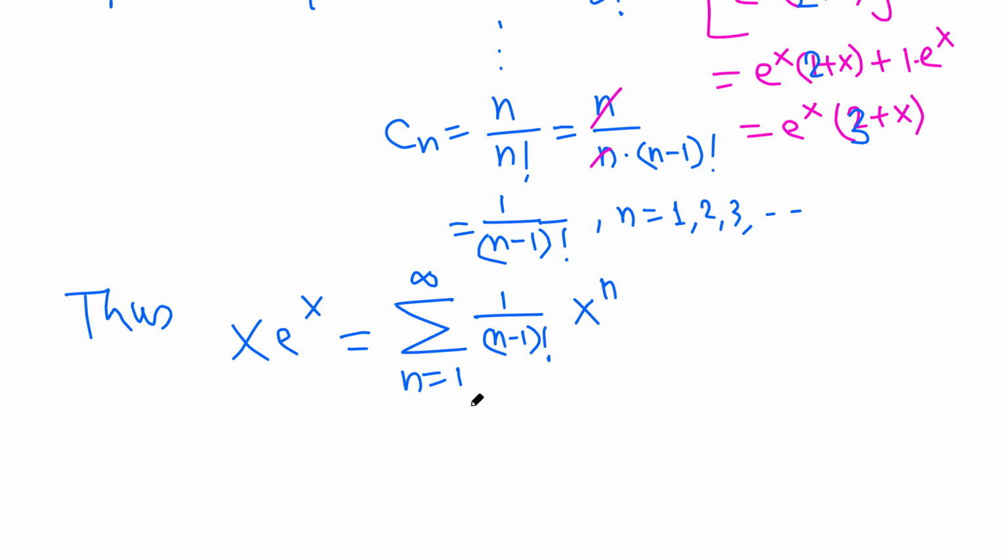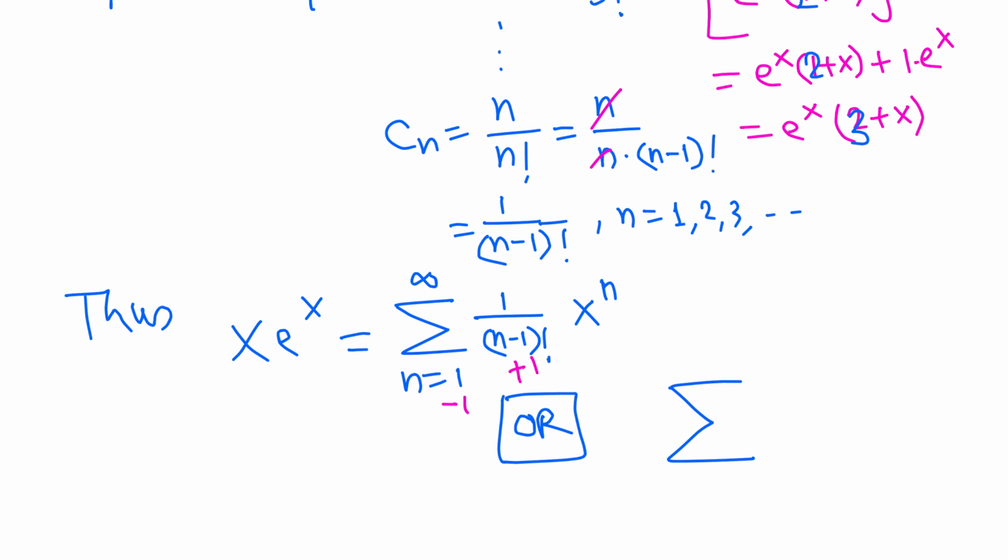But we can also start from 0, so equivalently we can write the answer by shifting the index: I add 1 to the n, so inside it becomes (n plus 1 minus 1), and the sum can start from 0.